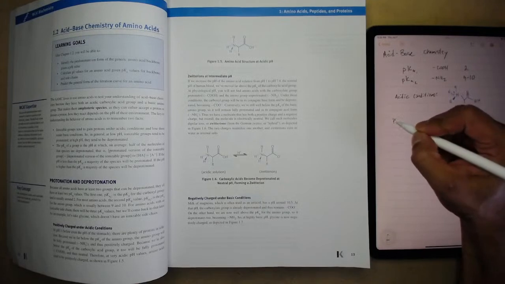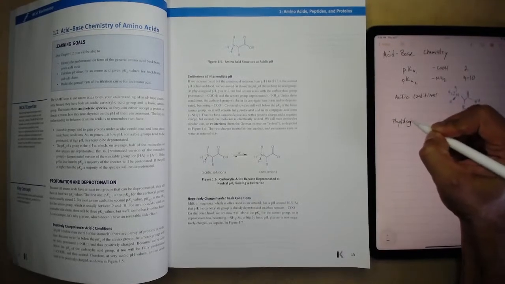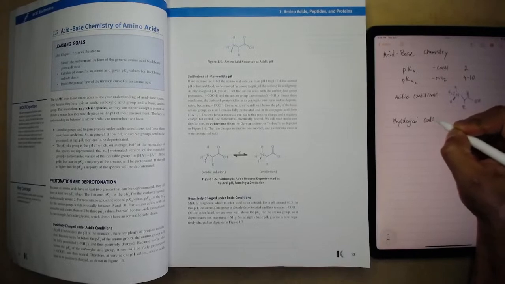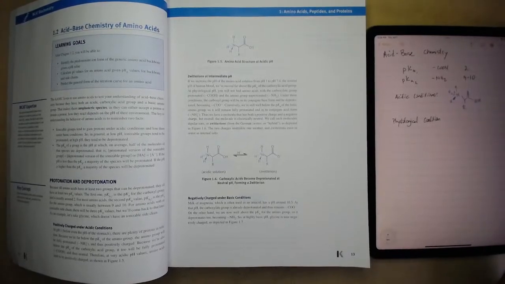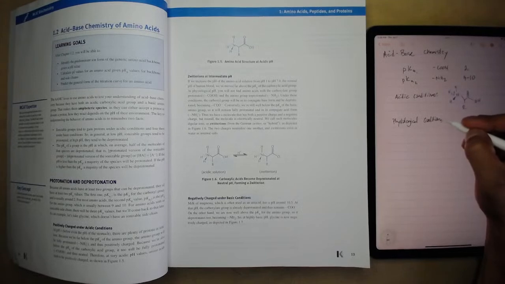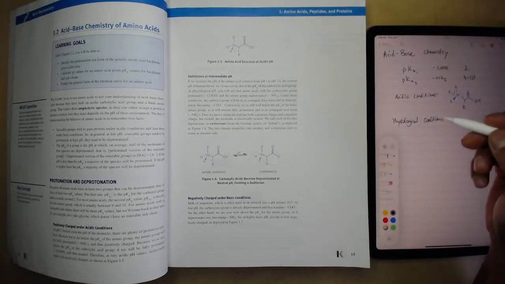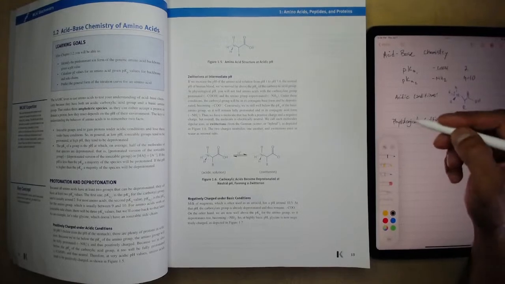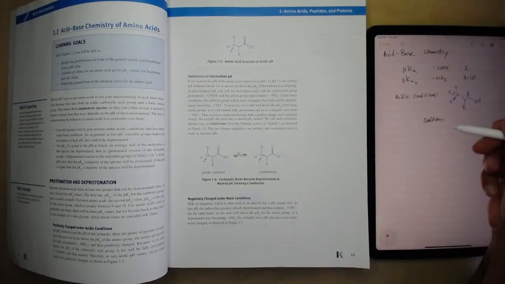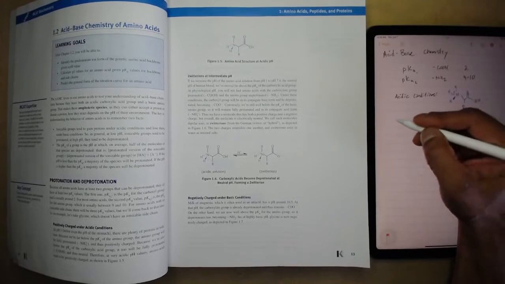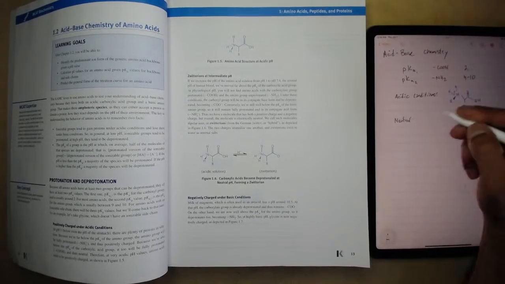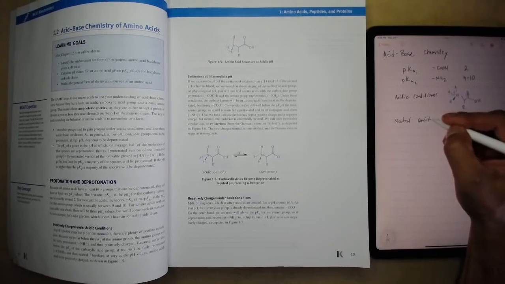Acidic conditions, let's write down physiological conditions, which is what we mean by intermediate or neutral. Just neutral conditions.